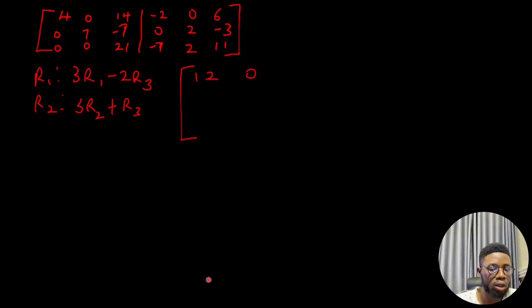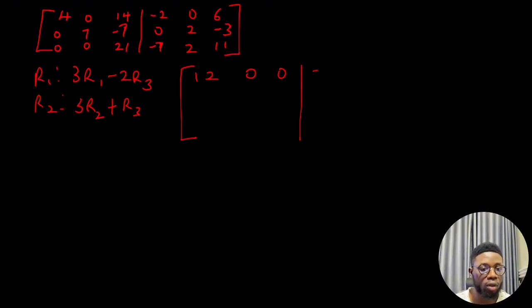And for the last stage here, we have 3 multiplied by 14, that's 42, and minus 2 multiplied by 21, that's negative 42. So when the two of them combine, we would also have a 0 here. So moving to the right-hand side, we have 3 multiplied by 6, that's 18. Then negative 2 multiplied by 11, that's negative 22. So we have 18 minus 22, that will be negative 4.